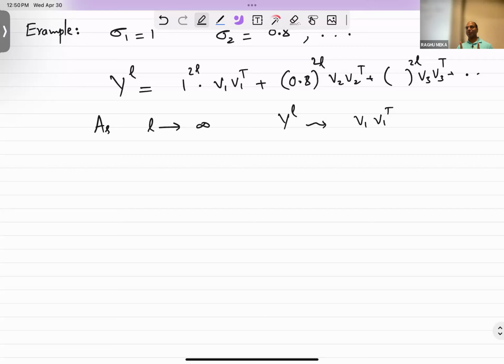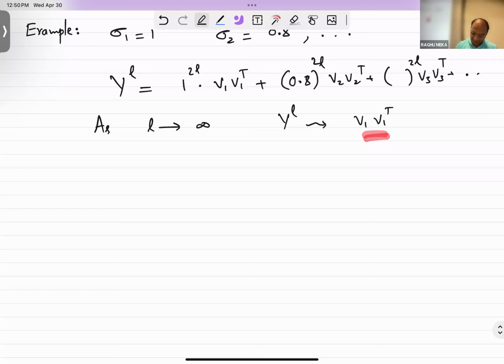So if sigma 1 and sigma 2 are exactly 1 and sigma 3 is 0.8, you'll converge to something in the span of the first two, corresponding to singular value 1, but the rest will die down. Wherever there is a gap, you'll pick out the largest one. We'll talk about that in a second. So the idea now is to keep powering y, and somehow that will give us V1 transpose.